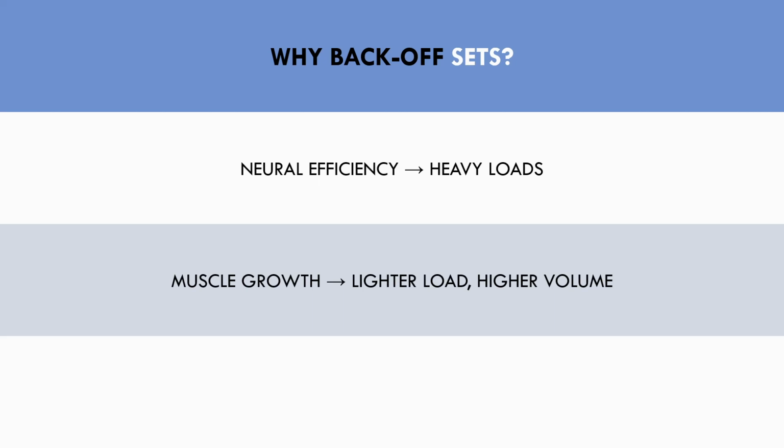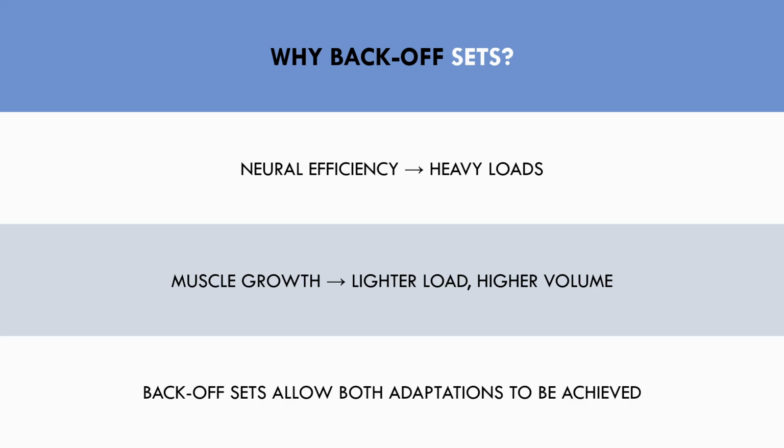So the issue a trainee may face is that when lifting heavy loads, neural adaptations are maximized, but higher reps can't be achieved, and multiple sets with heavy loads will usually cause some sort of injury. When using lighter loads, hypertrophy is maximized, but neural adaptations aren't. So using back offsets can allow neural adaptations to be maximized from the heavy loads, while hypertrophy can also be achieved using multiple lighter sets.